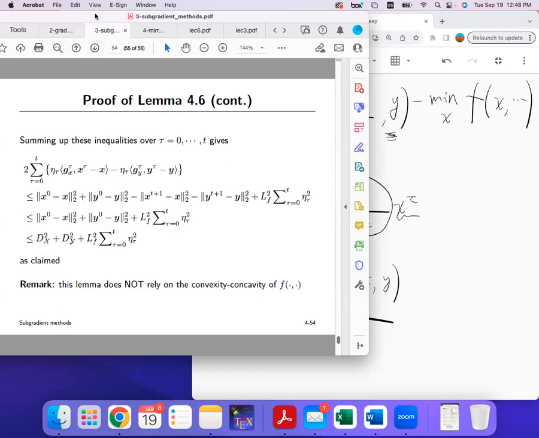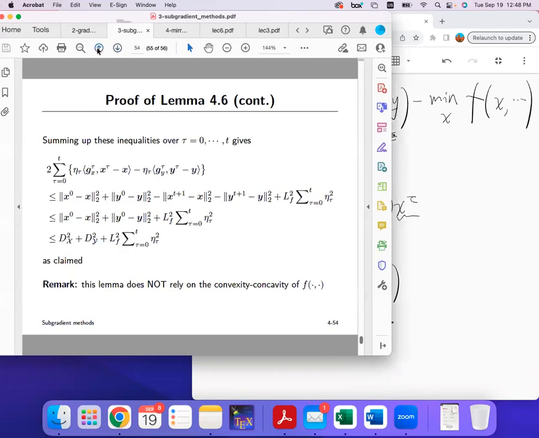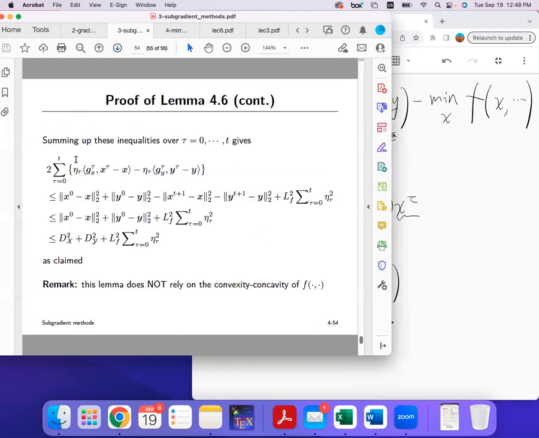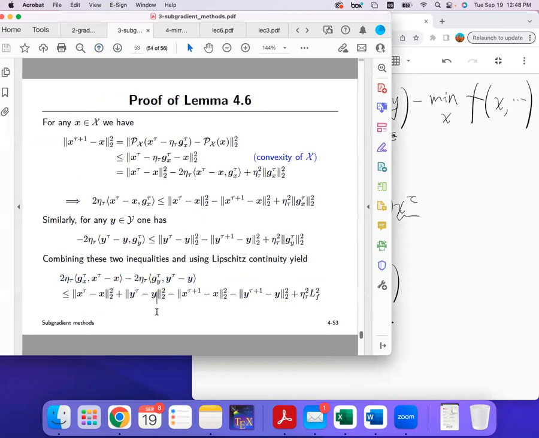Now continue. We need to sum these inner products over tau, so let's do a summation. On the right-hand side, you will sum these terms over tau. Many terms will cancel.